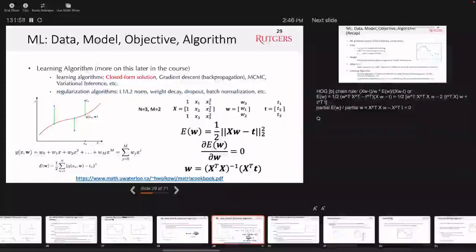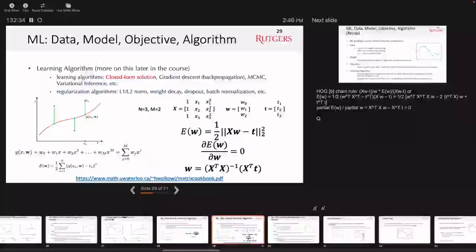Now, we're going to apply this to this form. Okay. Remember that this whole thing, S times W minus T, is ultimately going to be a column vector, right? This is the part inside the L2 norm. And we're going to take the square of this L2 norm. Then we can write it as this whole thing transpose times this whole thing, right?